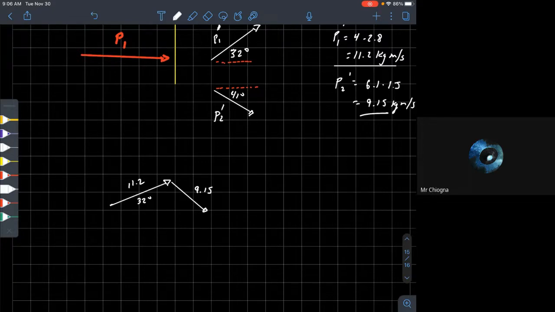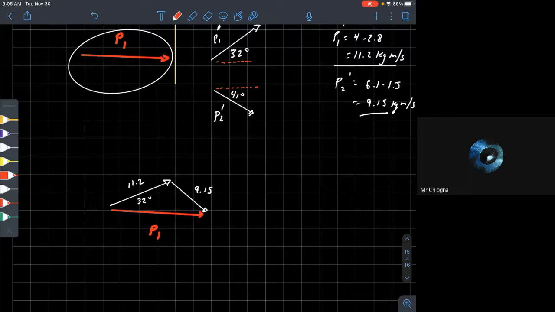What are they going to add up to give? They're going to add up to give this here. So the resultant is the red arrow. It's drawn from the tail of the first to the tip of the last. That's my P1.